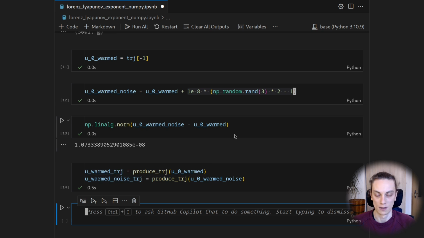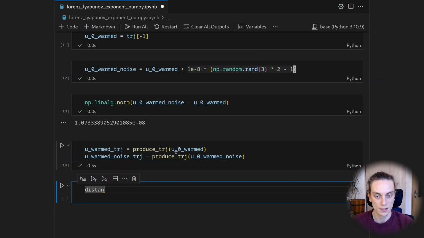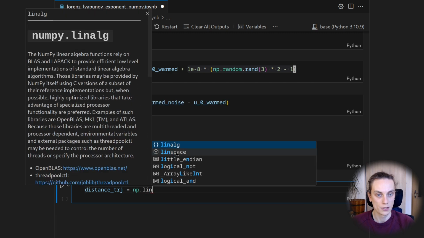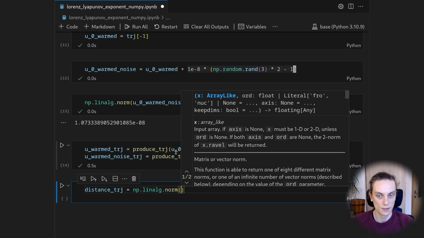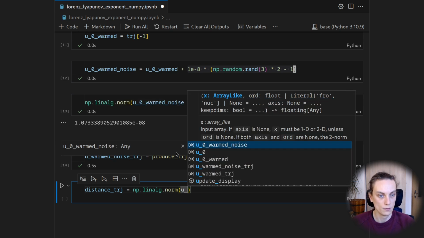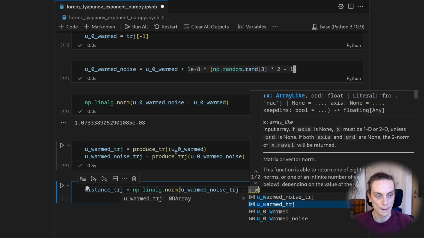And now both are 5001 by 3-dimensional arrays. And we're going to compute the distance trajectory. So the distance trajectory is using numpy.linalg.norm on the difference. So we're using U warmed noise trajectory minus U warmed trajectory.